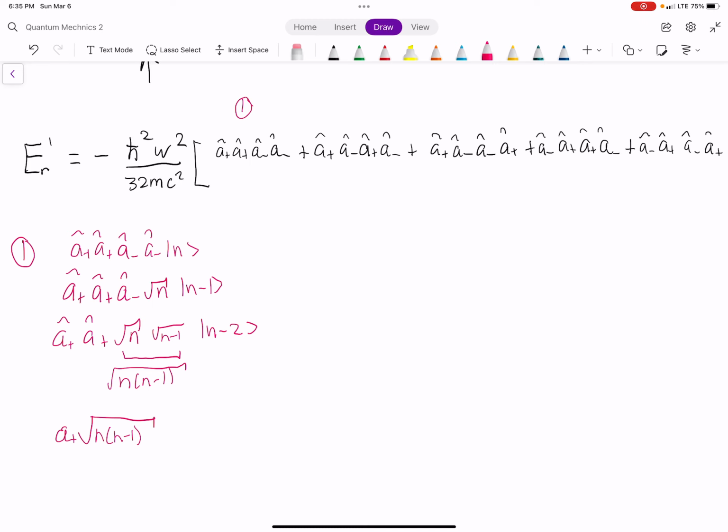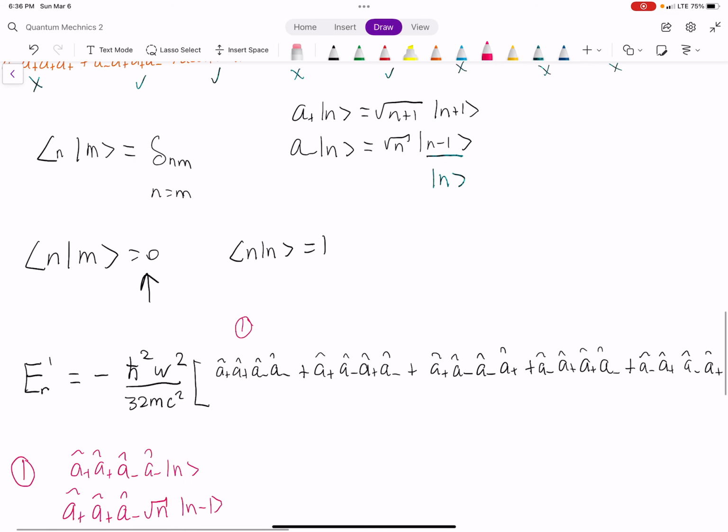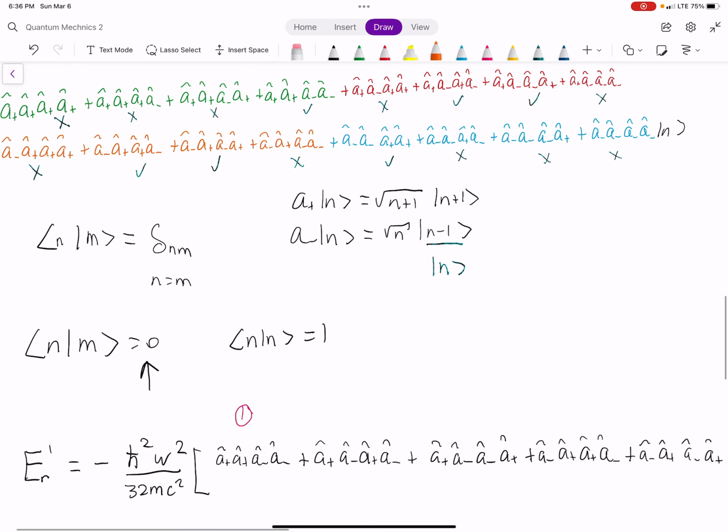and then when we operate on this, when the raising operator acts, you're going to get the square root of n minus 1. Okay? So you're going to get n minus 1. I'll try to stay with the same color. And then the state, so it's raising the state back up to n minus 1. We're just kind of following these sets of rules here.